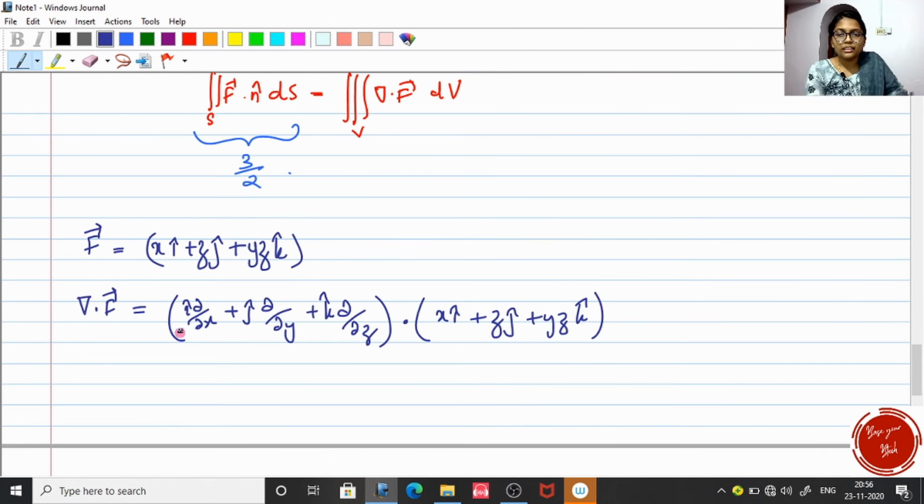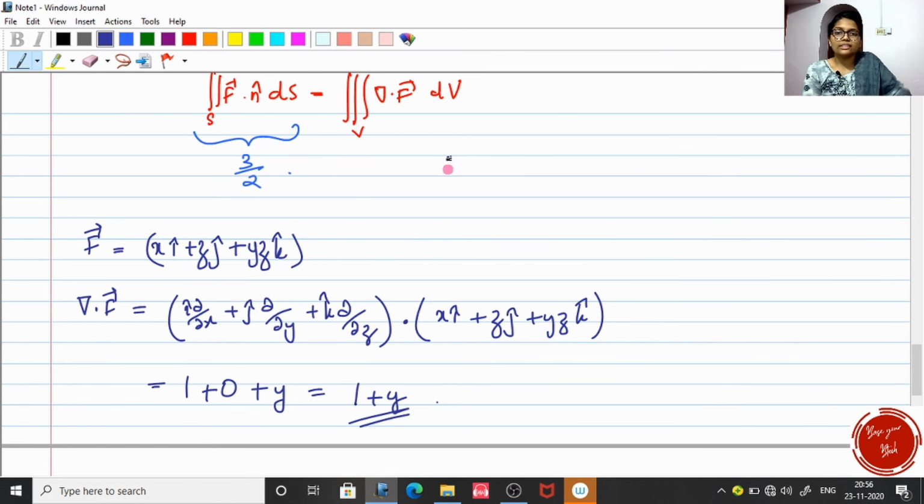Taking the dot product, it is simply combining the components of i, j and k. So dou by dou x of x is 1, dou by dou y of z is 0, and dou by dou z of yz, taking the derivative with respect to z, we get y. So the divergence of f is 1 plus y.